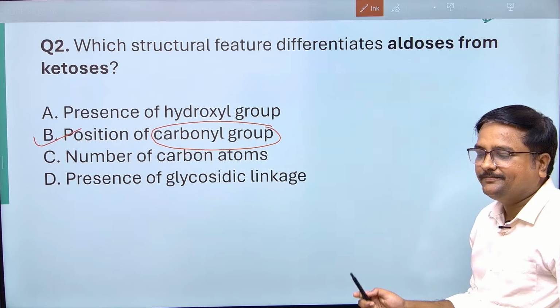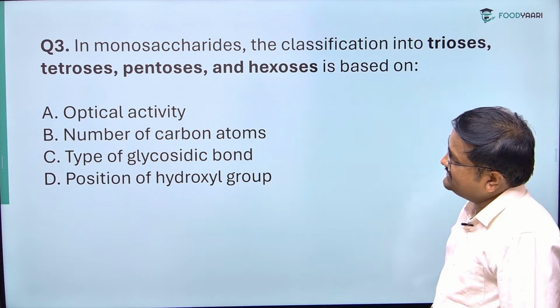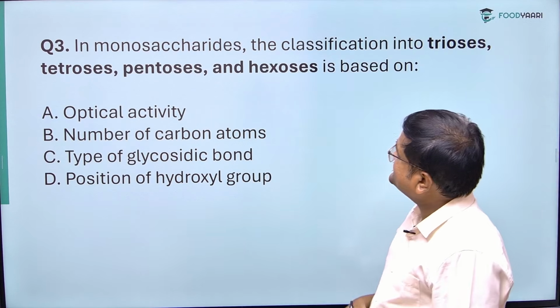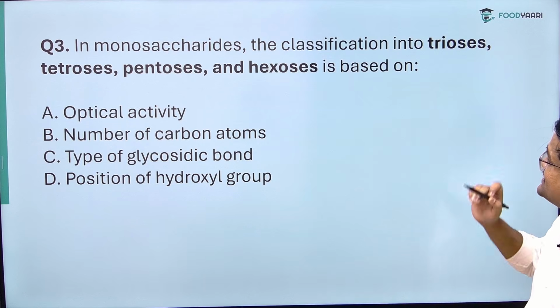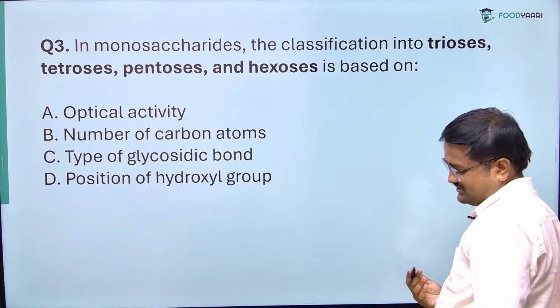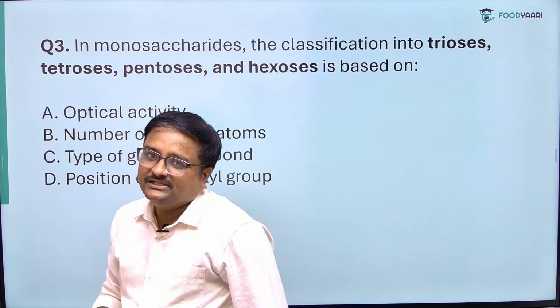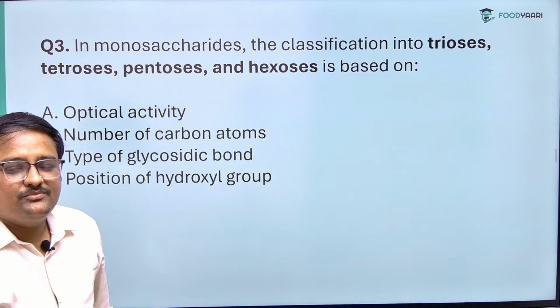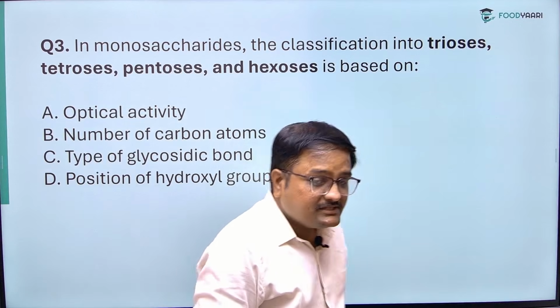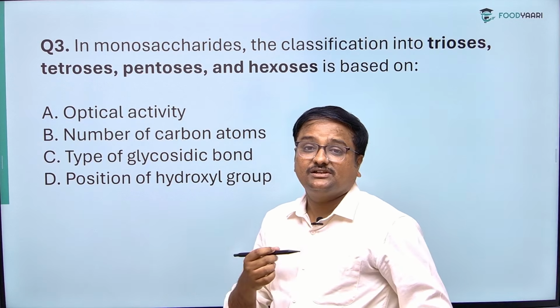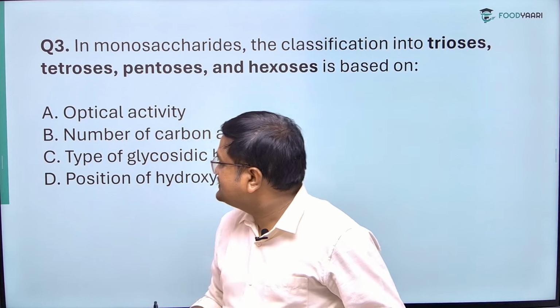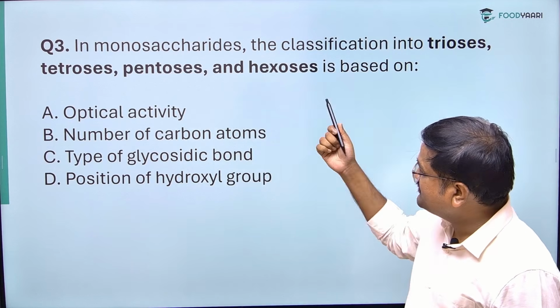So they are differentiated from each other based on their carbonyl group. The third question on the screen: in monosaccharides, the classification into trioses, tetroses, pentoses and hexoses is based on what? The classification of monosaccharides is primarily based on the number of carbon atoms.